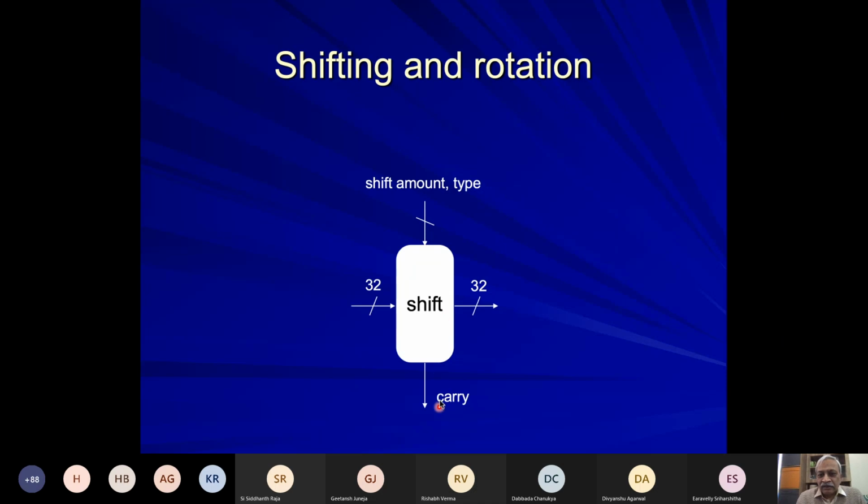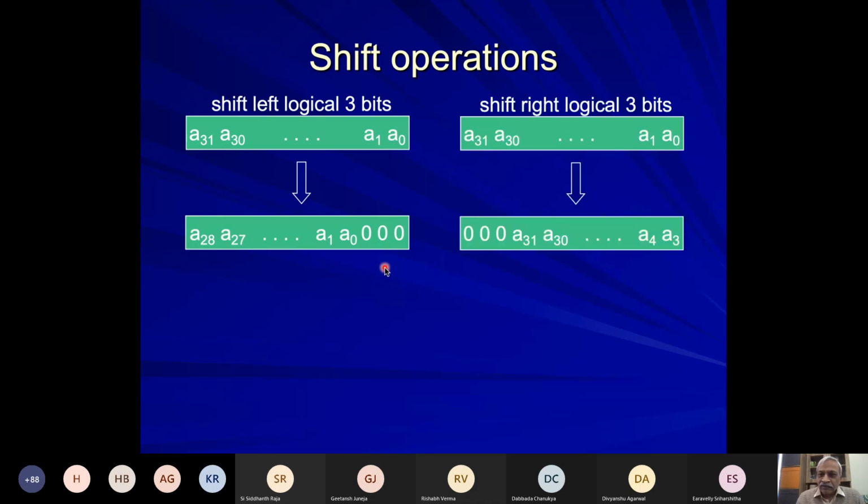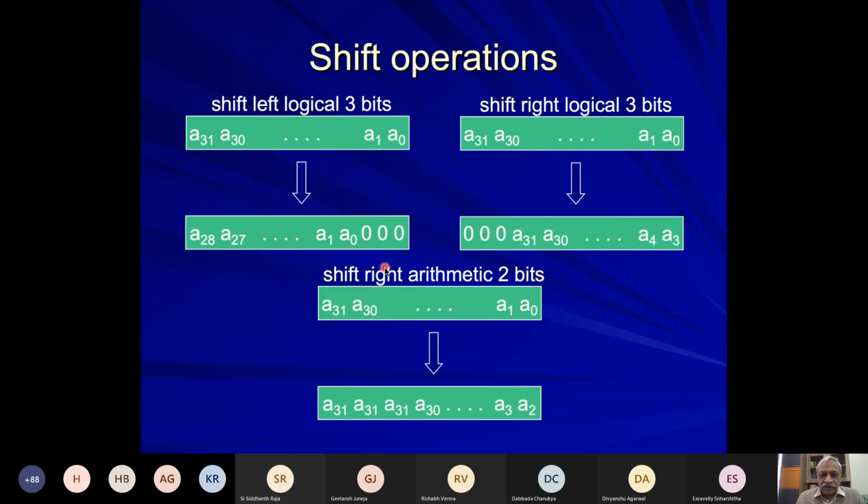Also remember that shifting can generate its own carry, and while setting the carry flag, you would need to select the right candidate for carry. So we are just recalling what shift types were. This is shift left logical by 3 positions, shift right logical by 3 positions, shift right arithmetic by 2 positions is shown here.